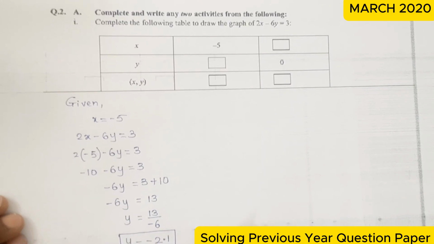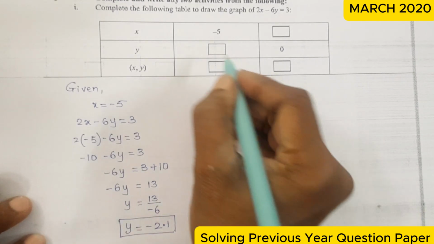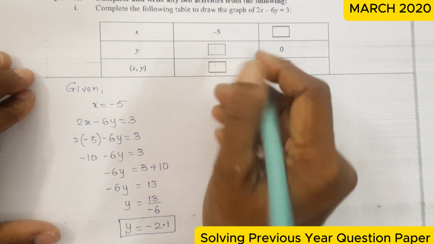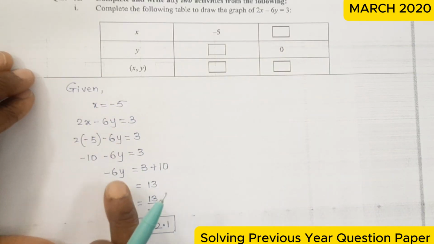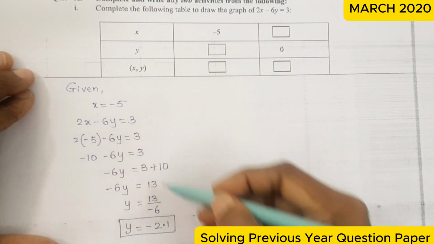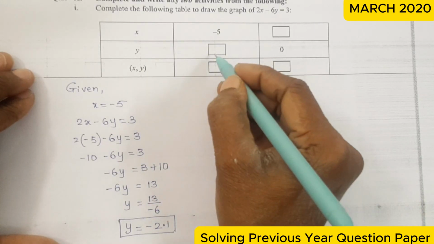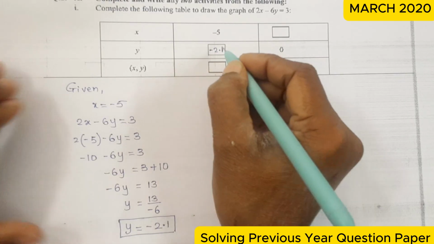Okay students, y is equal to minus 2.1. In the exam you draw the table first and then calculate here. You should calculate this part, and after calculating you put minus 2.1 in the answer sheet.